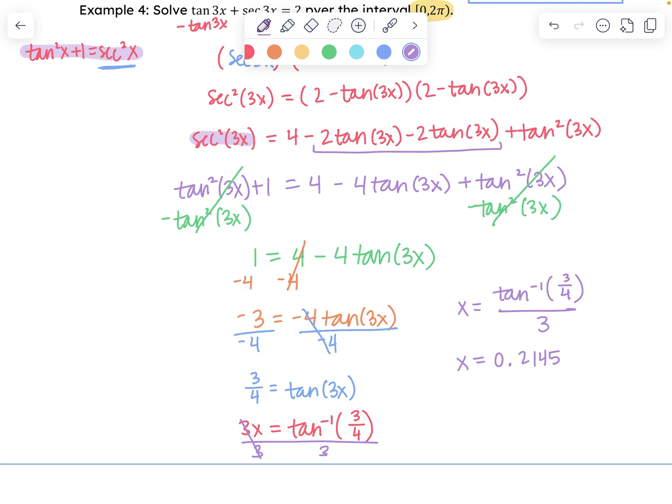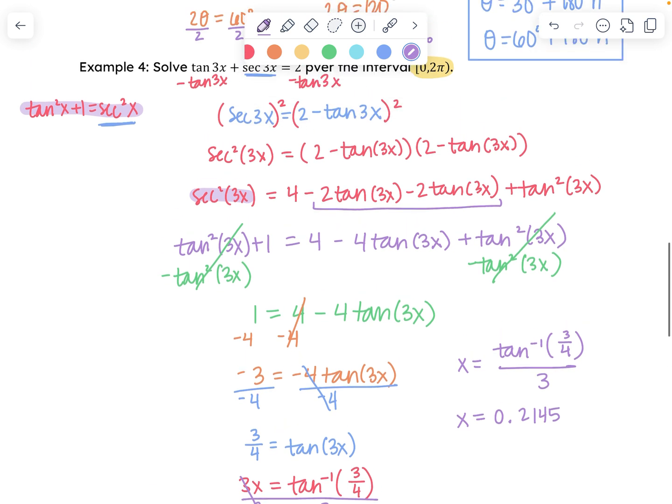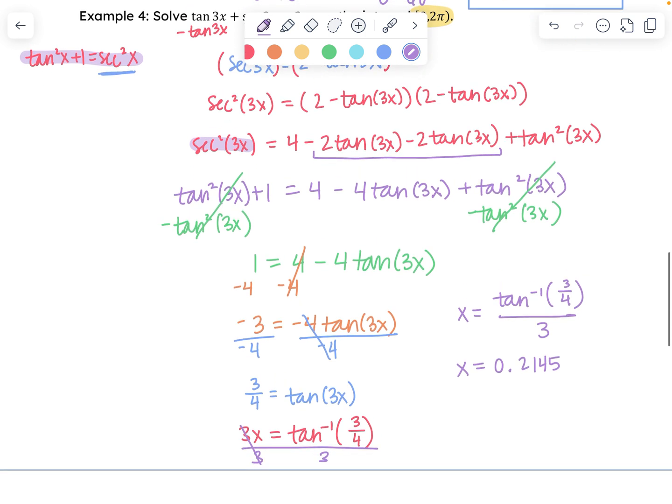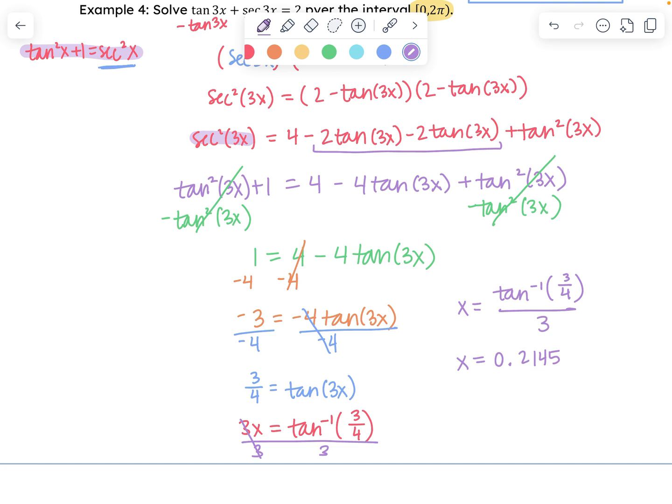Now, the likelihood of that being my only answer in my 0 to 2 pi interval, really small. So this is where we got to do that period again. So if I'm looking at this, I'm looking at tangent, right? So tangent's what I plugged into my calculator. That's what I'm going to use.